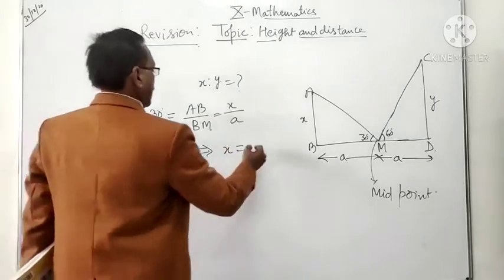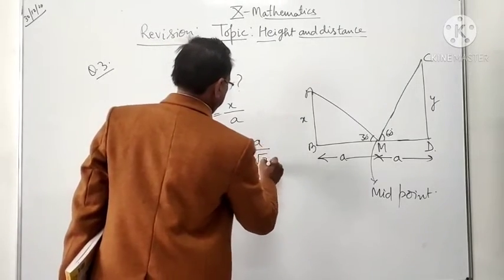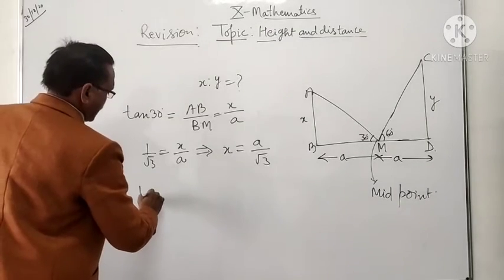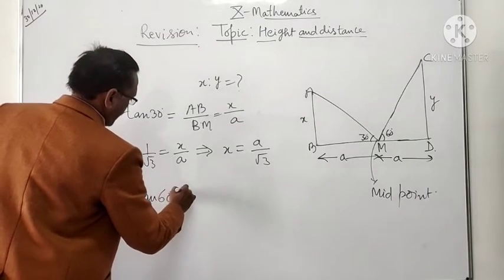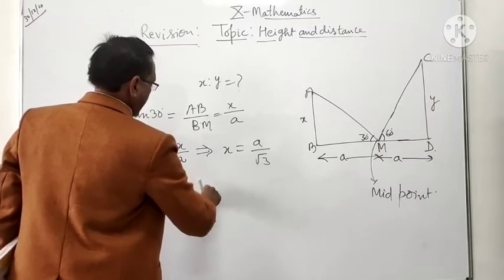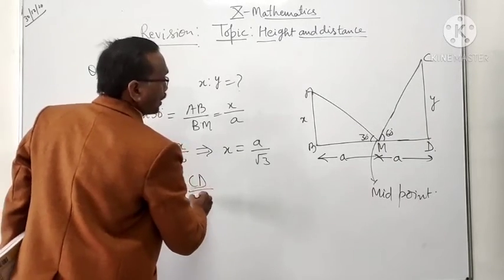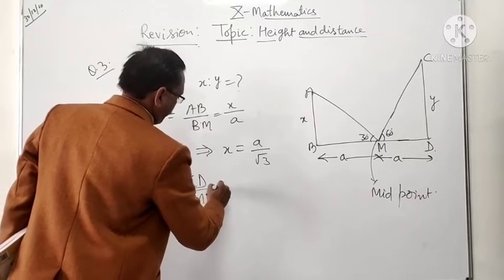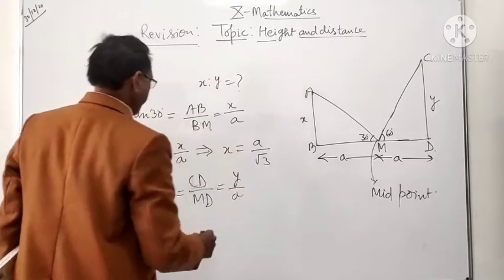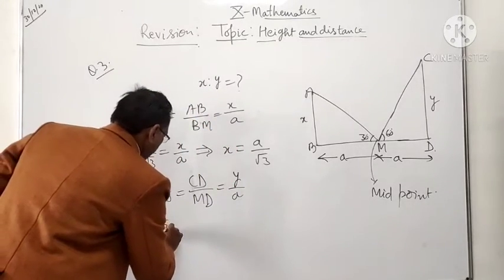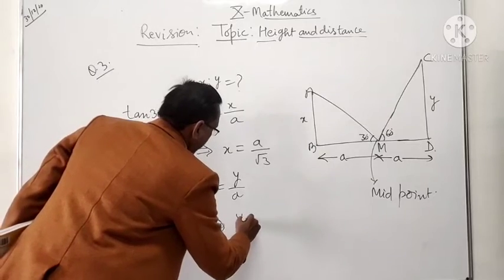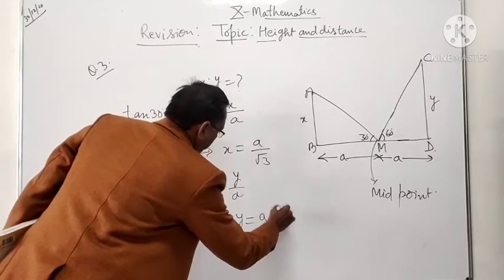X is A upon root 3. Similarly, we will find tan 60. It is CD upon MD, y upon A. Root 3 is y upon A. From this we will get y. It is A root 3.